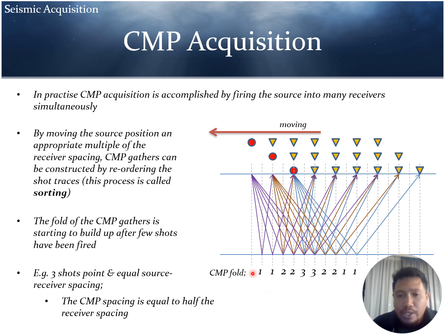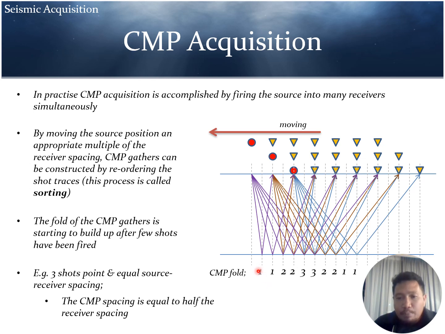The number over here represents the CMP fold. The 3 CMP fold over here in the middle means it's actually the same reflection point that was hit by all 3 acquisitions. So all 3 acquisitions hit these reflection points. As you can see here, you see the ray paths. So that means we have 3 CMP fold.